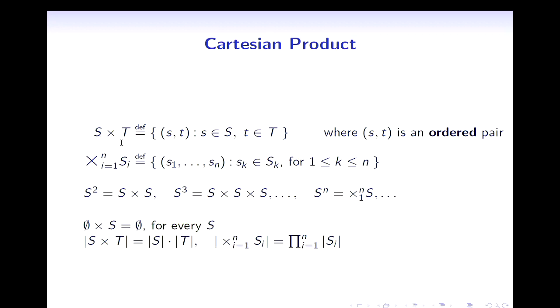It is meant to say that you might have two sets, say S and T, and you want to build all pairs, denoted again by these parentheses, not meaning an interval, but meaning pairs of elements, one from S and one from T. Do note that this is an ordered pair, so the pair S, T is not the same as the pair T, S. If you wish, you can view this as a vector with two elements. The first element comes from S, and the second element comes from T.